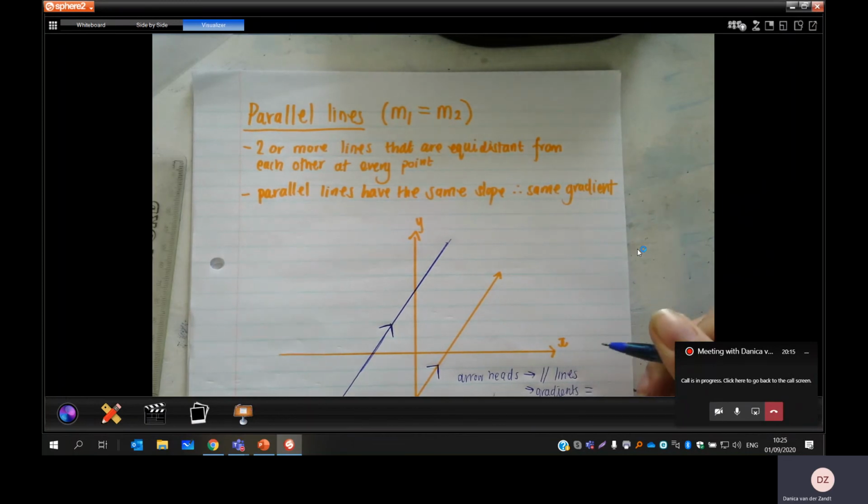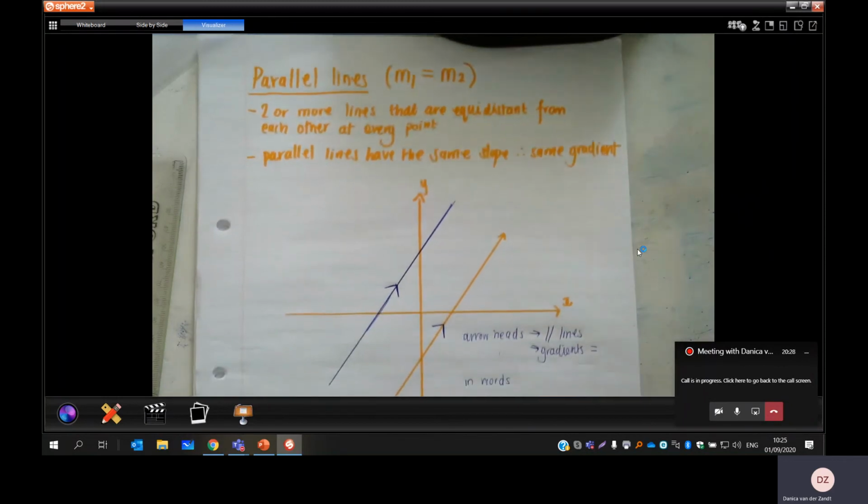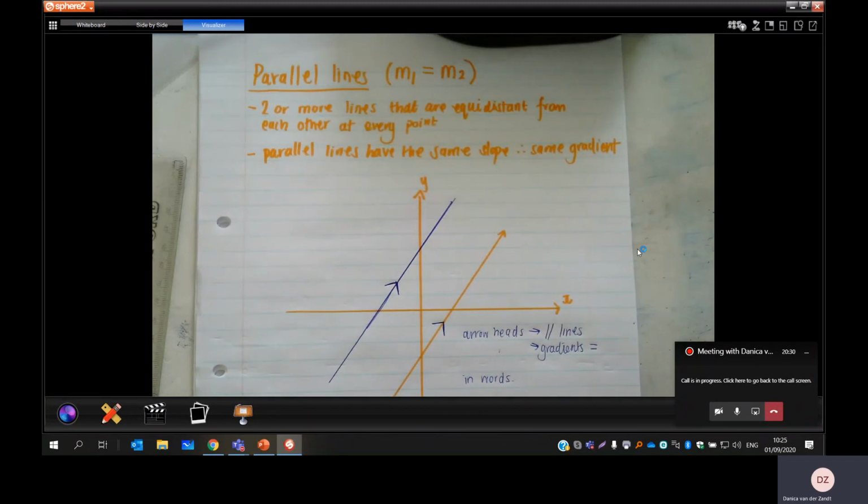The other way is I can actually tell you that equation 1 is parallel to equation 2. So it's either by the arrowheads or in words that I tell you that they are parallel. And only once I tell you that it is parallel can you use gradient 1 equals gradient 2.